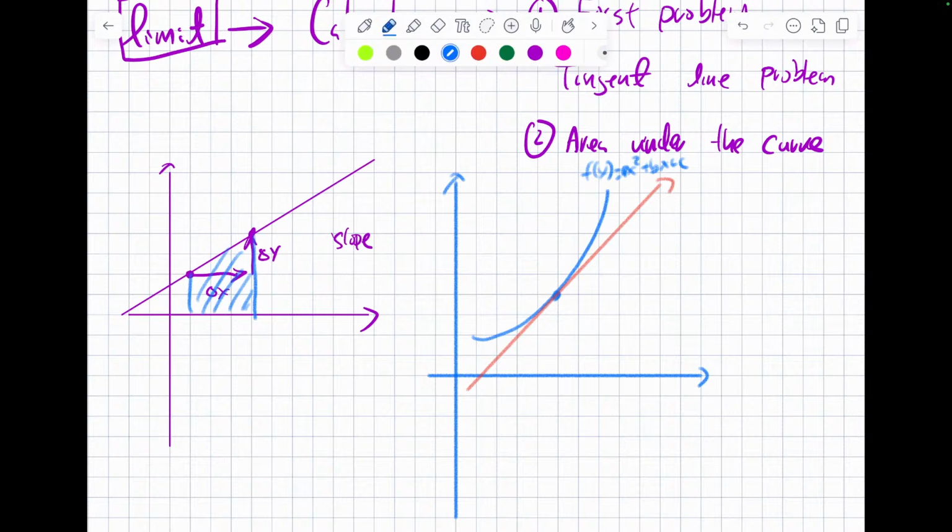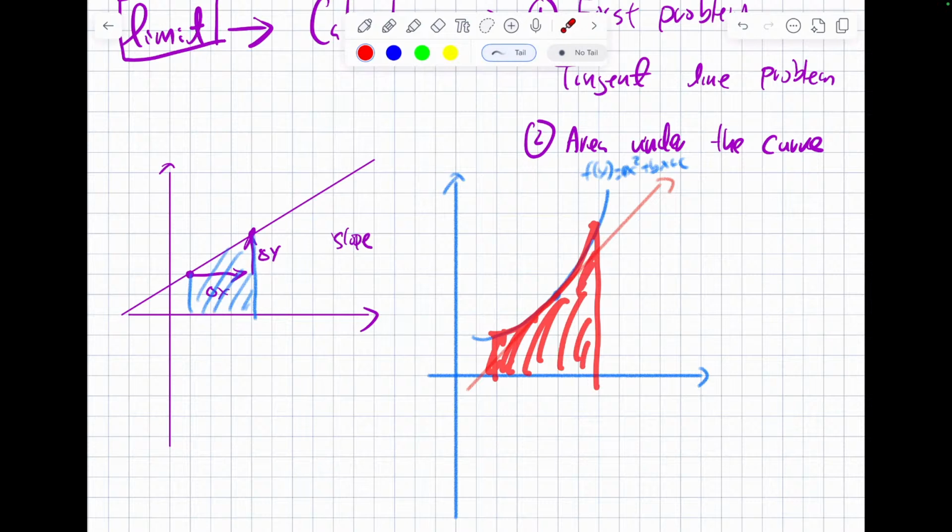We want to find the slope at that particular point, say at 5. It turns out that was very difficult to do. The area under the curve is equally difficult, because the curve is not a trapezoid.